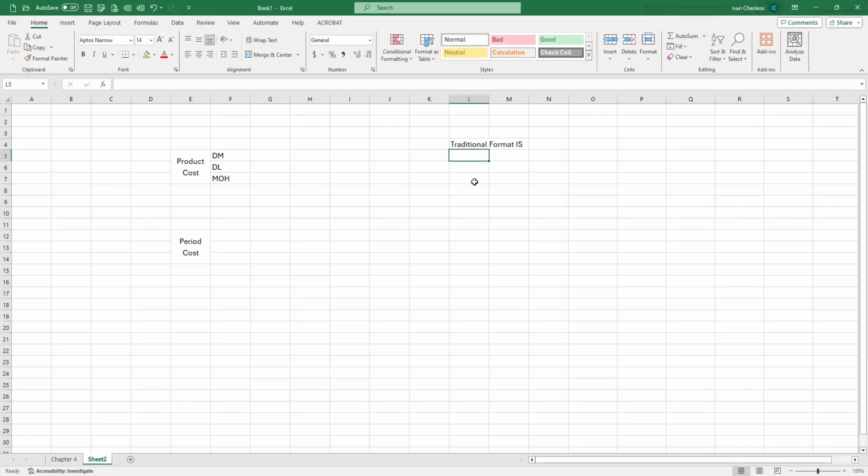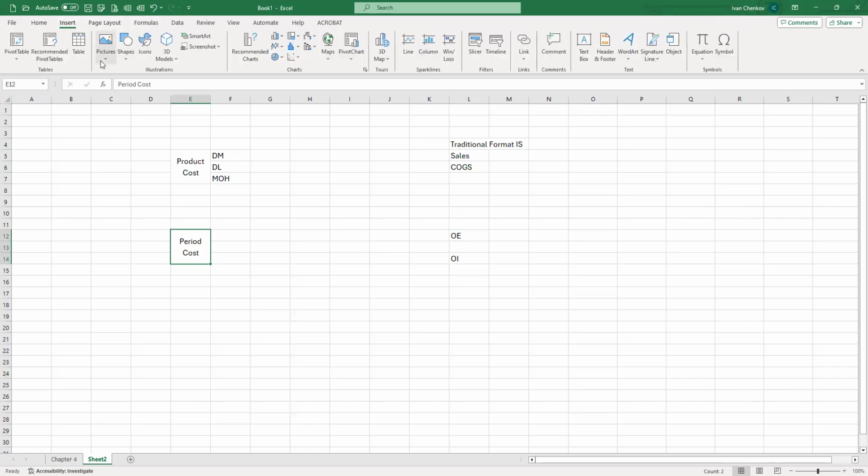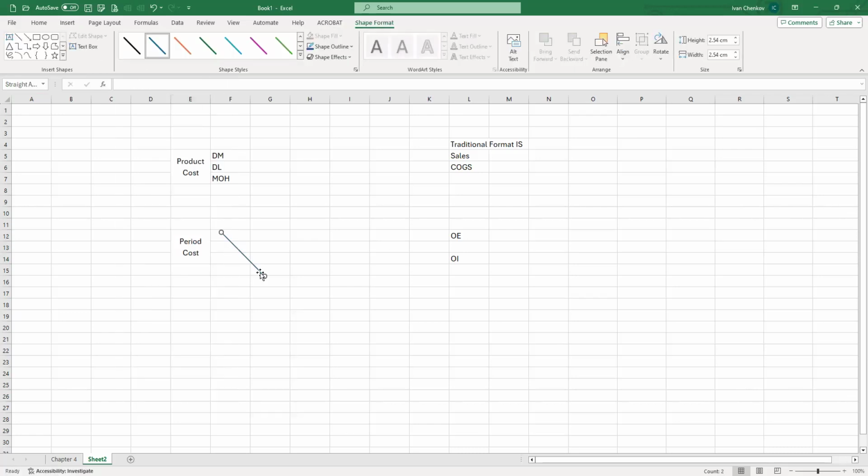The traditional format income statement shows sales. After that, we need to get the cost of goods sold. After that, we have some middle calculation, then the operating expenses, and then our operating income. Now, the period cost is directly transferred to operating expenses right there.